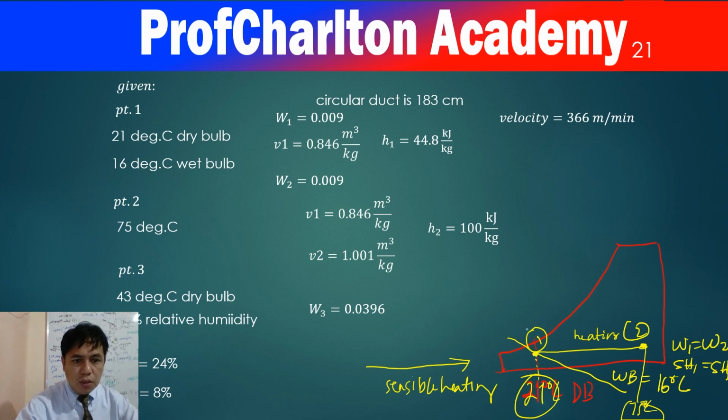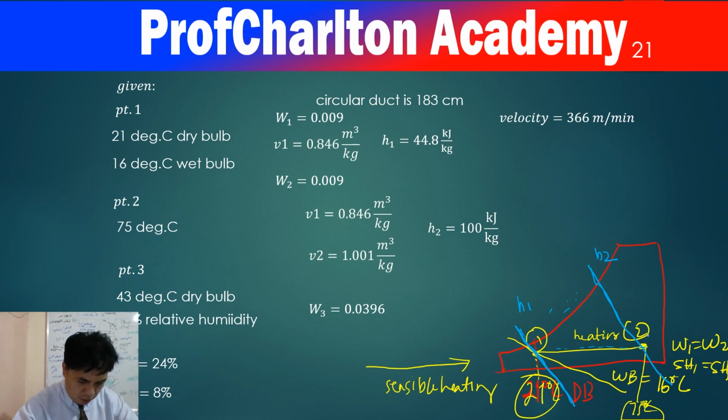For example, this is the enthalpy line, and this is the other enthalpy line. So this is H1, enthalpy 1, and this is H2. These are constant enthalpy lines, meaning all the enthalpies here are the same. Here, all the specific humidities are the same.